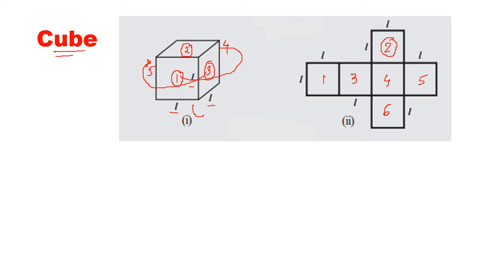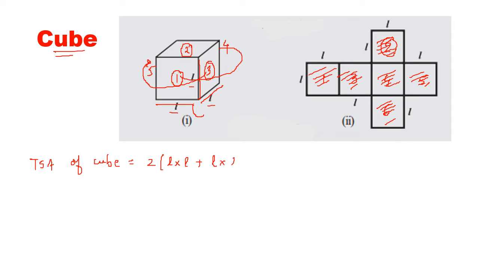Now what you can see is, because the length, the breadth and the height are equal, all the 6 figures are equal. In a cube, all the sides are equal, so all the surfaces are also equal. So the TSA of a cube will be 2 into (instead of LB, we write L into L; instead of BH, we write L into L; instead of LH, we write L into L), because all the sides are equal.